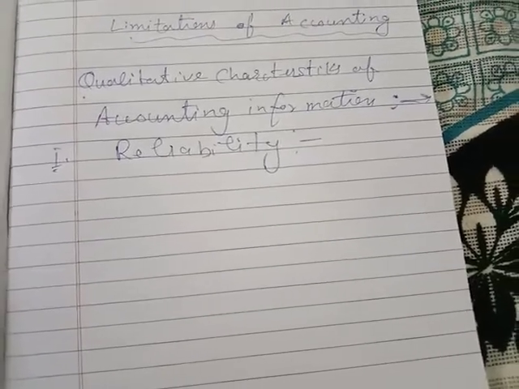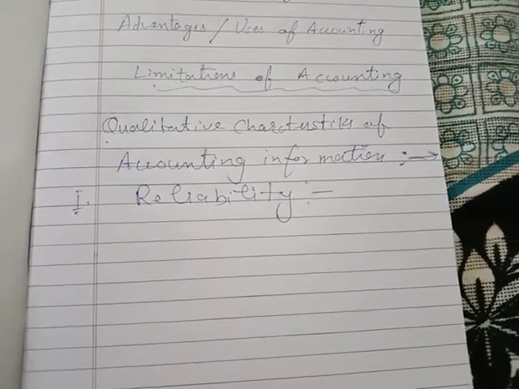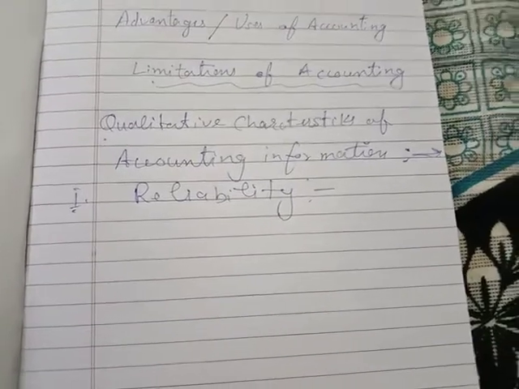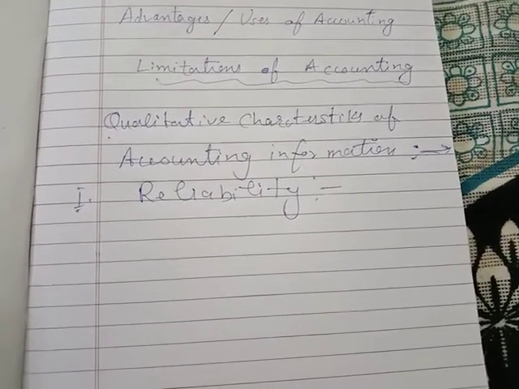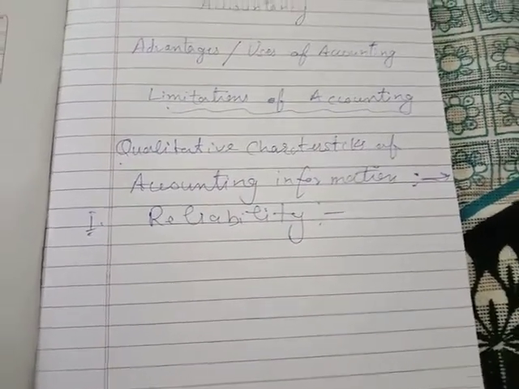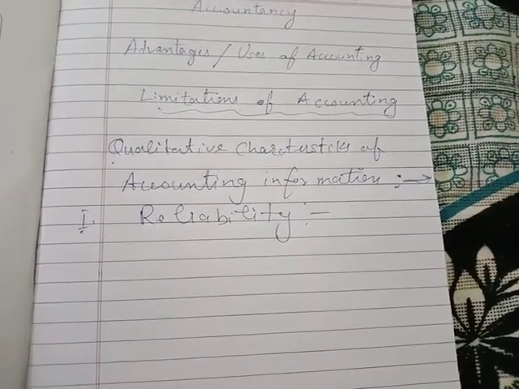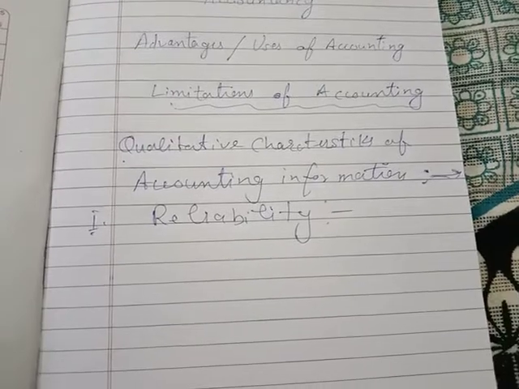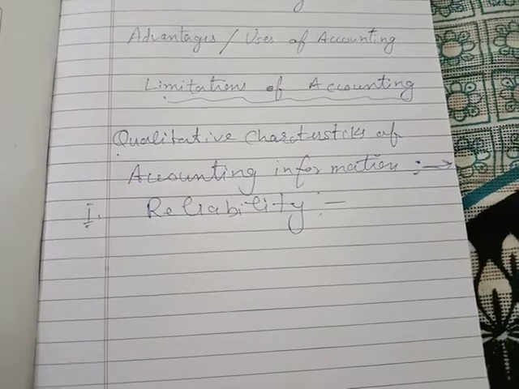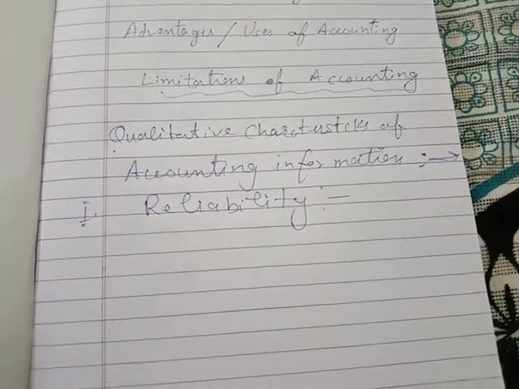Reliability includes that information must be factual and verifiable. The accounting information is said to have verifiability if such information can be verified from source documents such as cash memo, purchase price, sales invoice, correspondence agreement, property deed, and other similar documents. Verifiability ensures the truthfulness of the recorded transaction, which can be independently checked by anyone interested to ascertain the true position of the business.